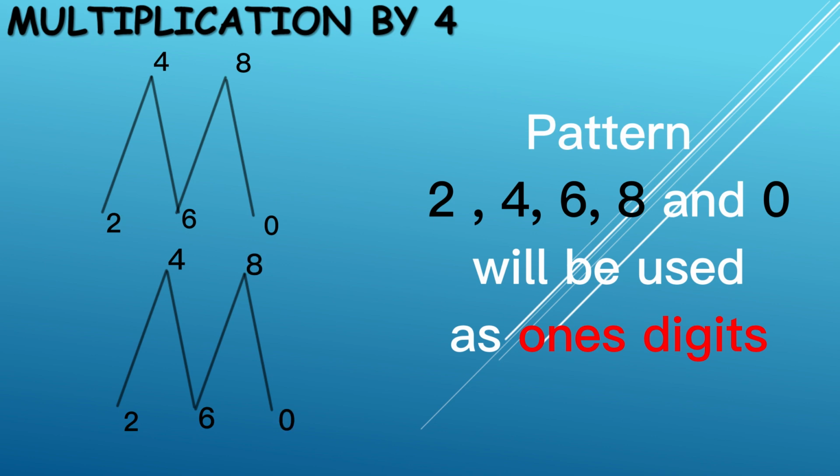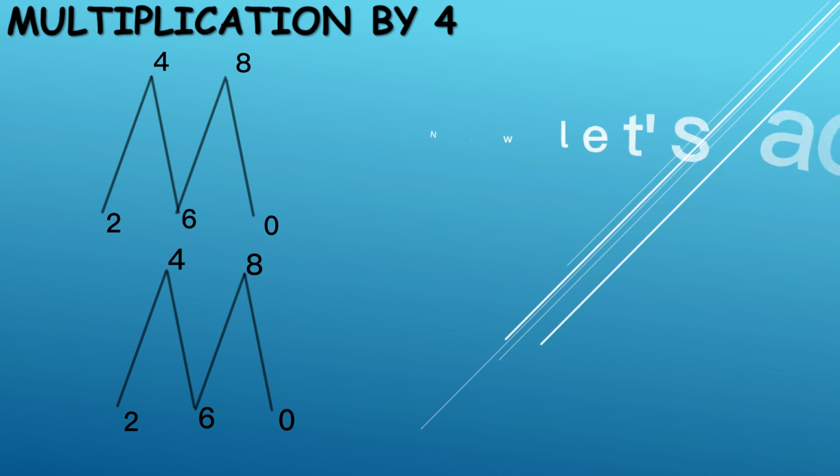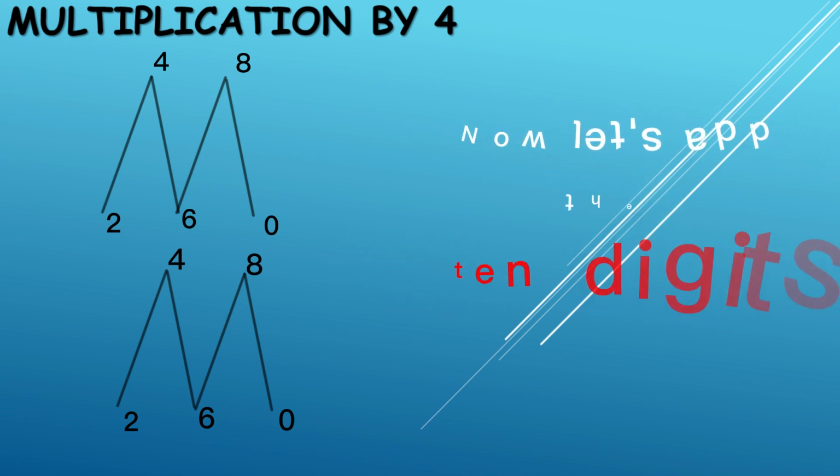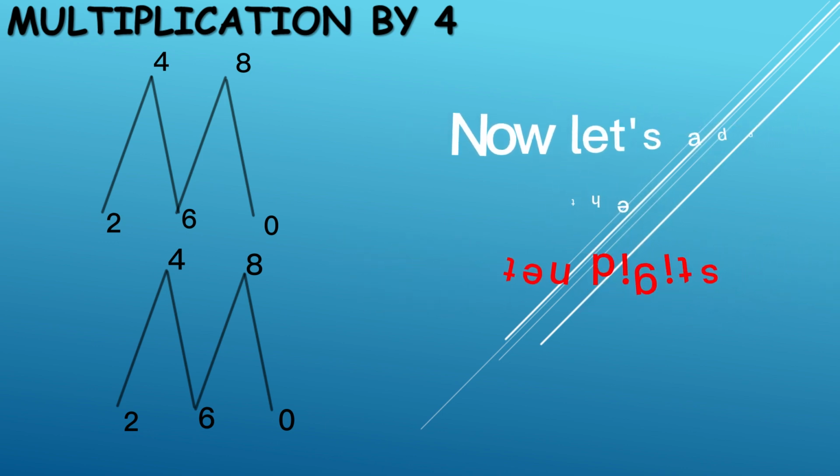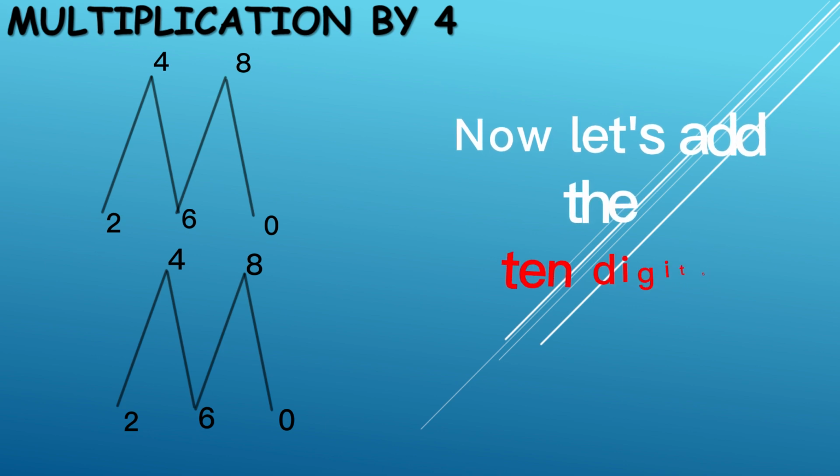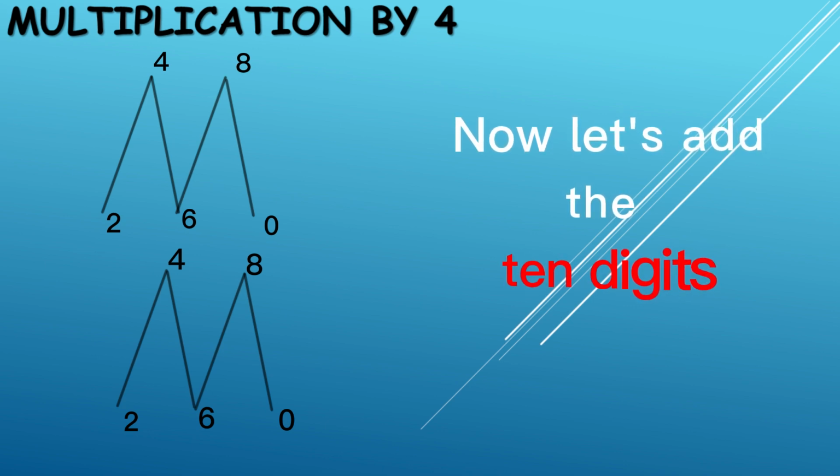Good. Now it is time to add our tens digit. To the first M, we will start. But how are we going to write the tens digit? This is very important. It looks a little bit complicated, but very simple. You can do this. Yes! You can do it.